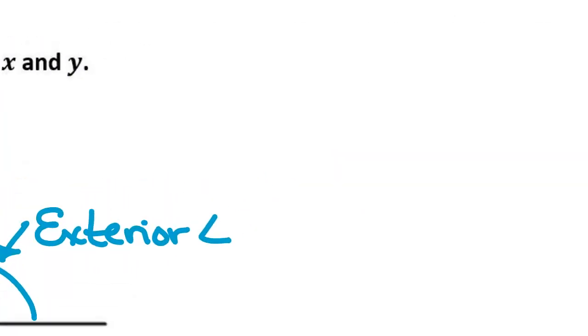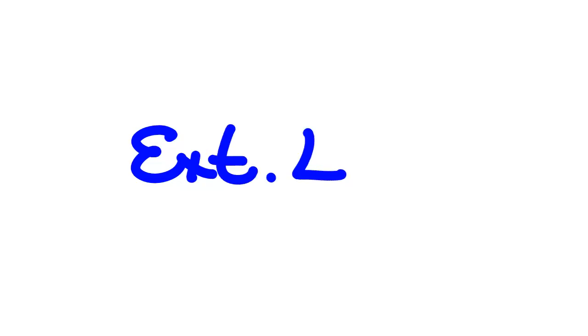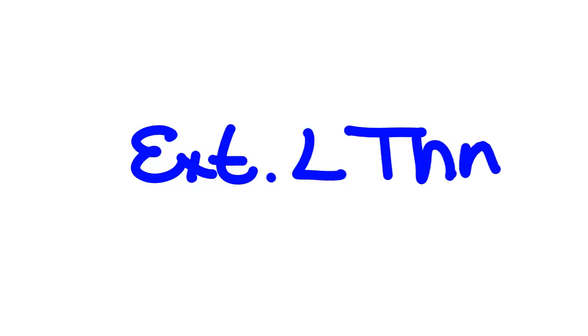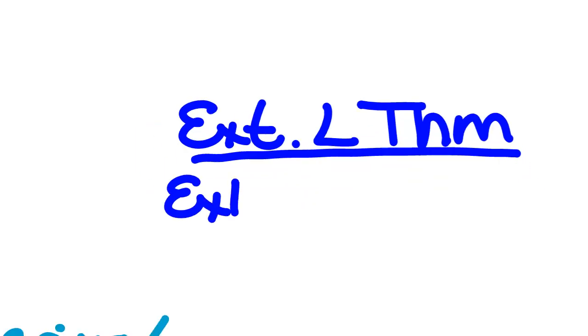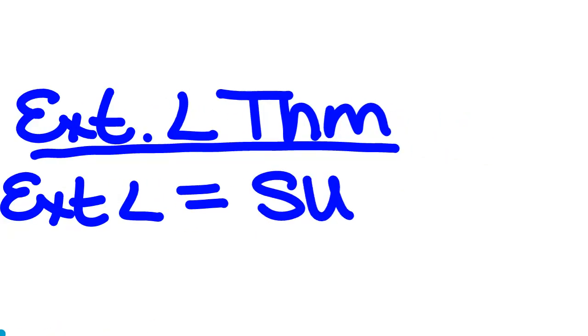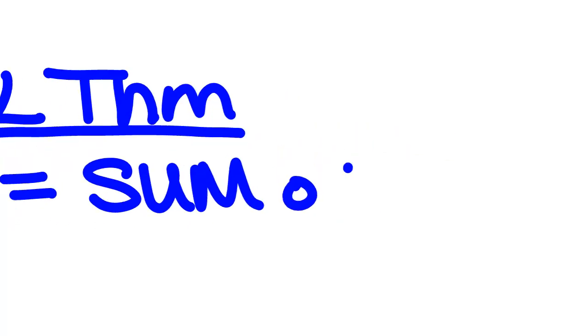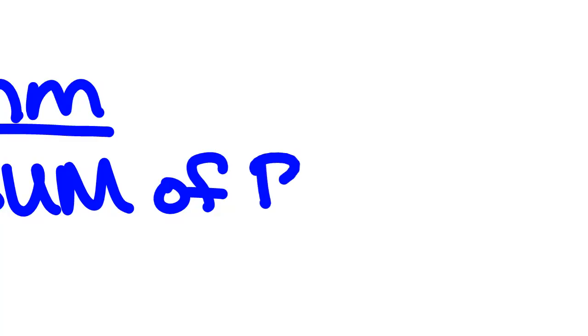And we learned at the very beginning of this module the exterior angle theorem. The exterior angle theorem says that my exterior angle is equal to the sum of the remote interior angles.